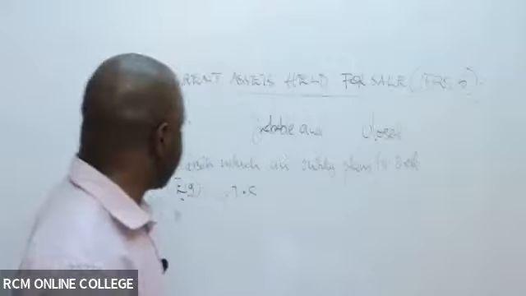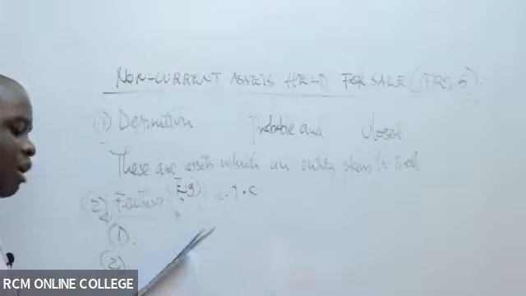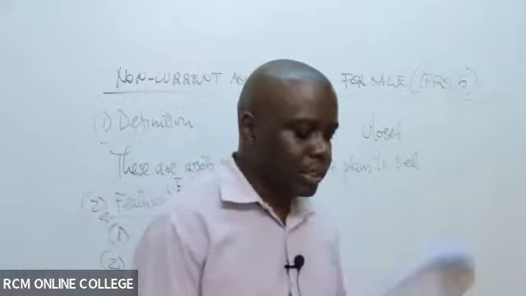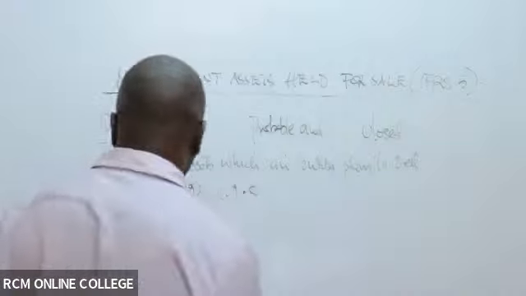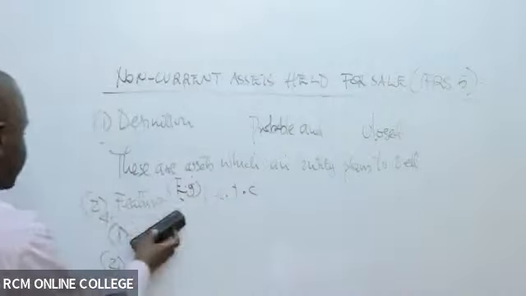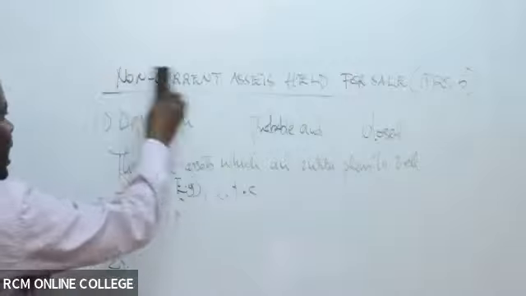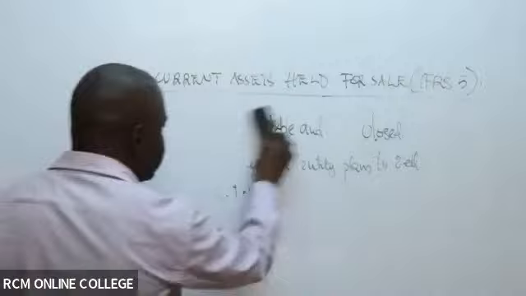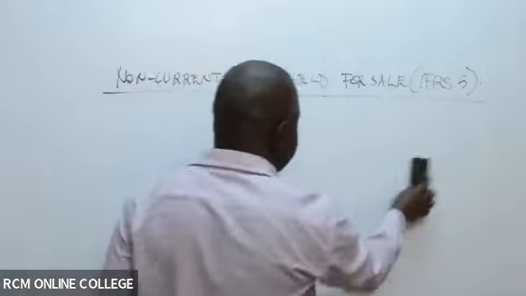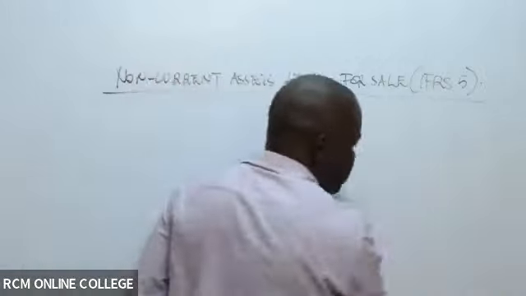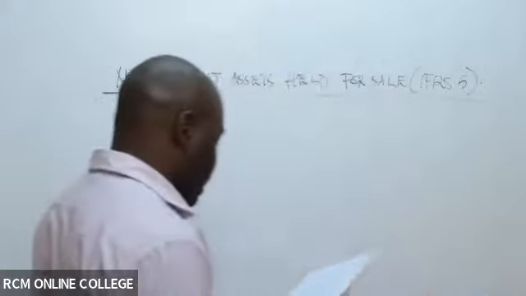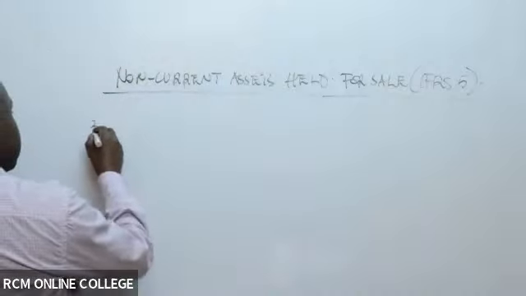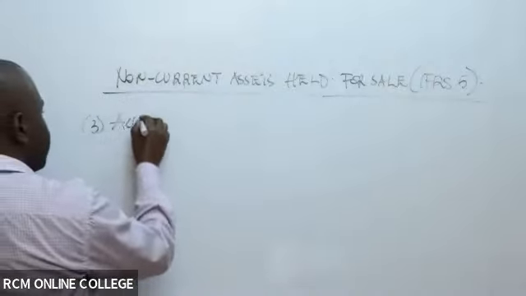So now, number 3, what is the accounting treatment? How do you deal with these assets in your books of accounts? Remember, number 1 was the definition, number 2 the features. But now, how do you account for non-current assets held for sale in your books of accounts?